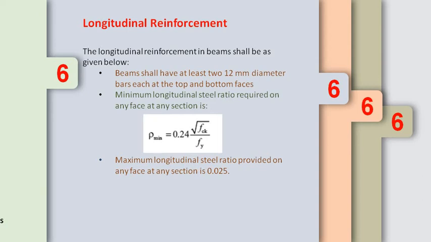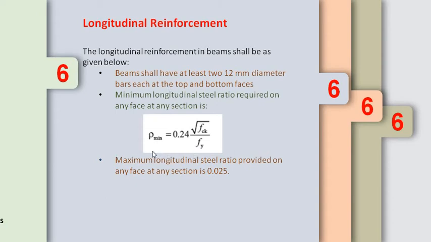Now, the longitudinal reinforcement in beams shall be as given below. Beams shall have at least two 12 mm diameter bars each on the top face and the bottom face.